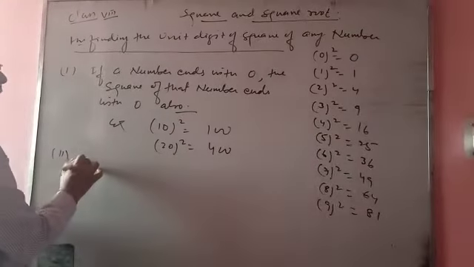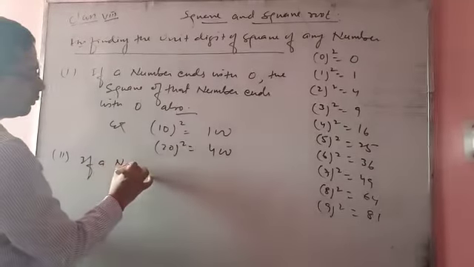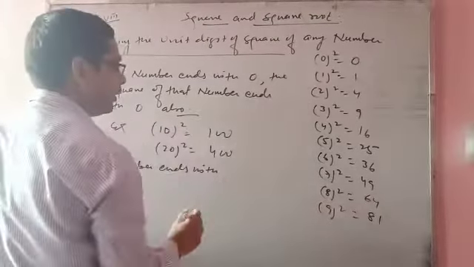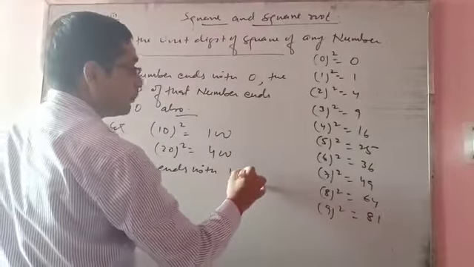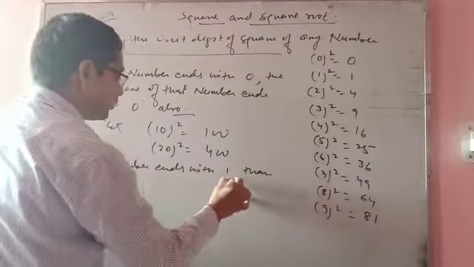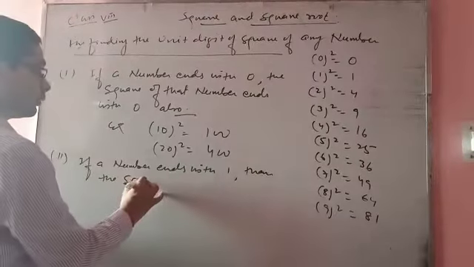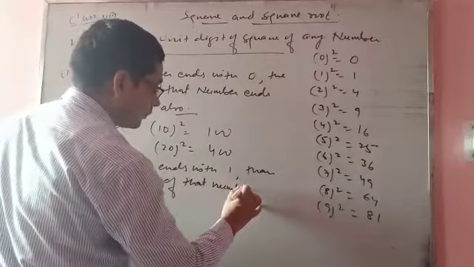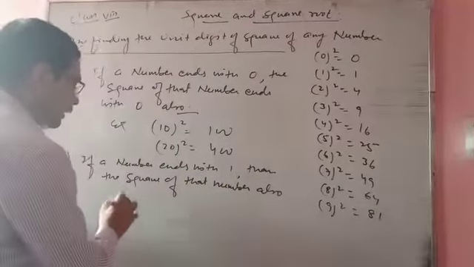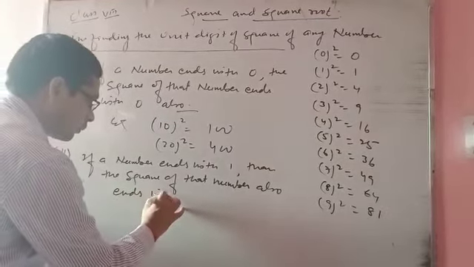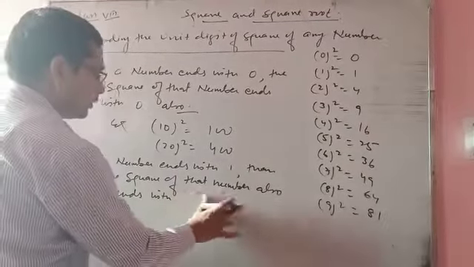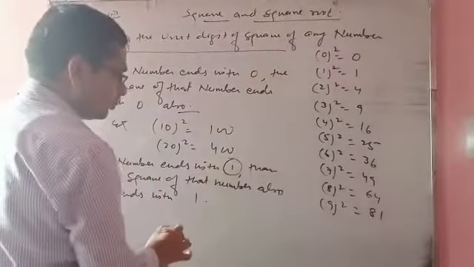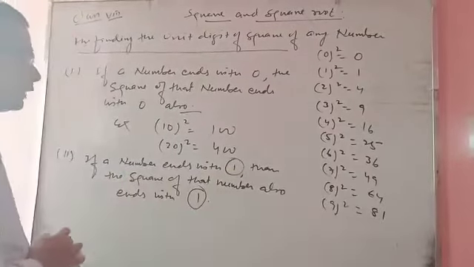Number 2, if a number ends with 1, यदि कोई नंबर 1 से एंड होता है, then the square of that number also ends with 1. 1 square is 1. यदि किसी नंबर के लास्ट में 1 होता है तो उस नंबर का स्क्वायर भी 1 से एंड करेगा.